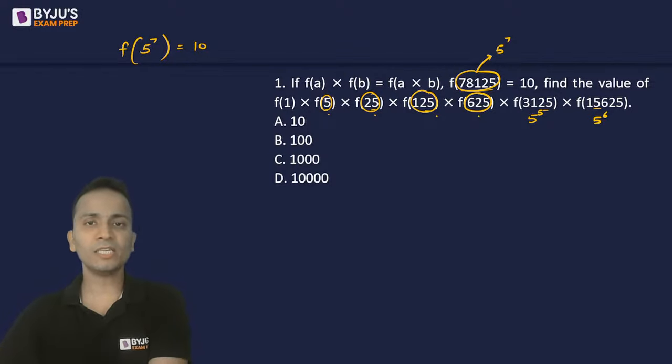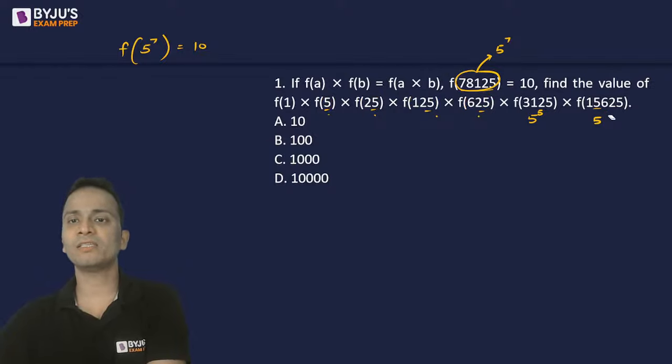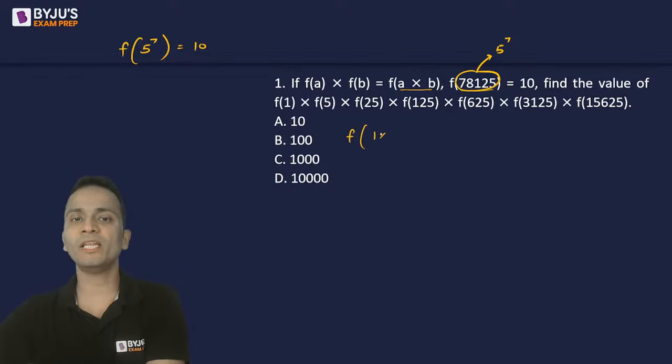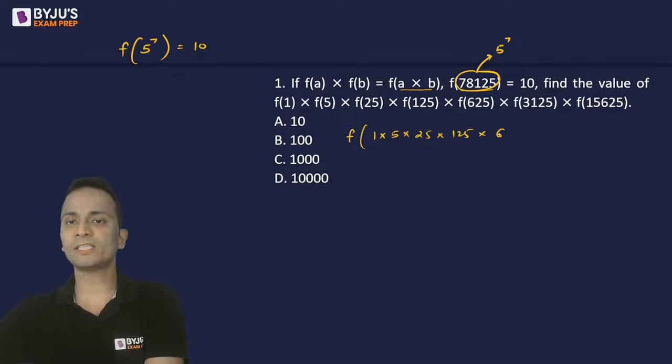Next, now consider this expression that we'll have to calculate. Using the relation that f of a multiplied by f of b is equal to f of a multiplied by b, I can say that this entire expression can now be written as 1 into 5 into 25, 125, 625, 3125 and 15625, the product of these.